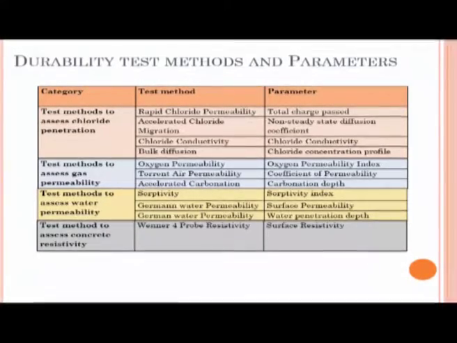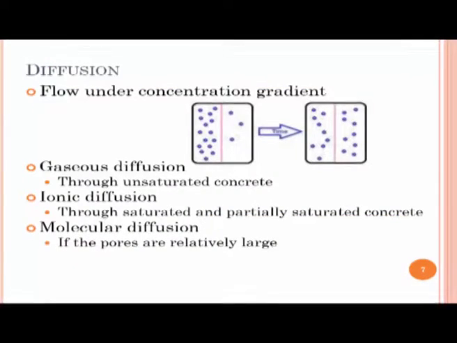So now let us try and move on and understand what are these different transport mechanisms and what are the test methods that can be used to study these transport mechanisms. I will begin with diffusion because it is a very common phenomenon. Diffusion happens whenever there is a difference in concentration of one species outside the concrete as opposed to inside the concrete.